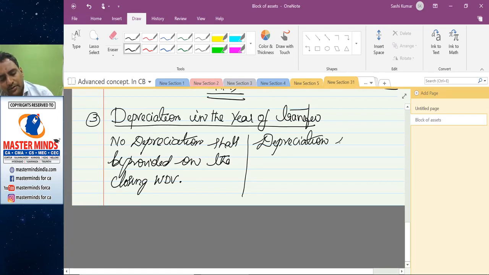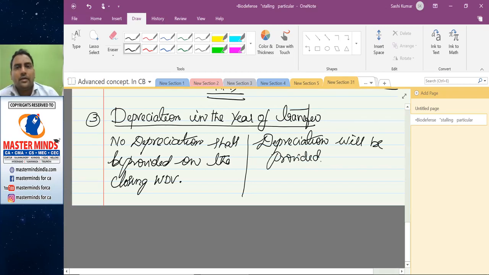So depreciation will be provided otherwise. See, there are 5 assets in the block, you are selling 1 asset. The balance 4 assets will continue, only 1 asset ceases to exist. In that case, the block does not become empty. The depreciation with respect to the remaining assets has to be provided.